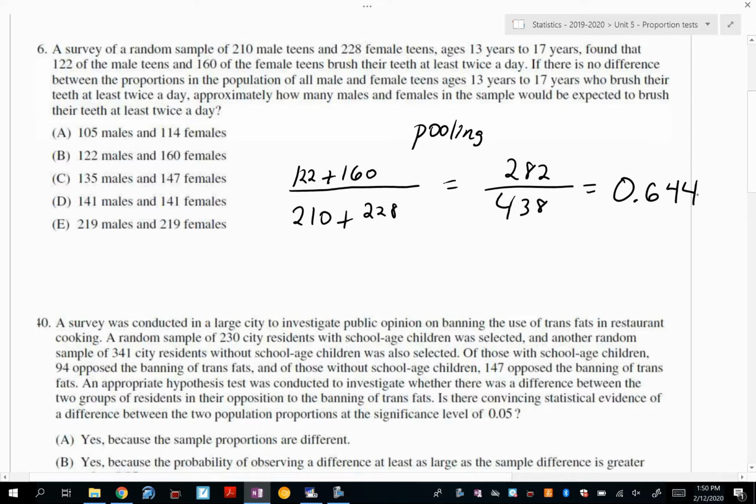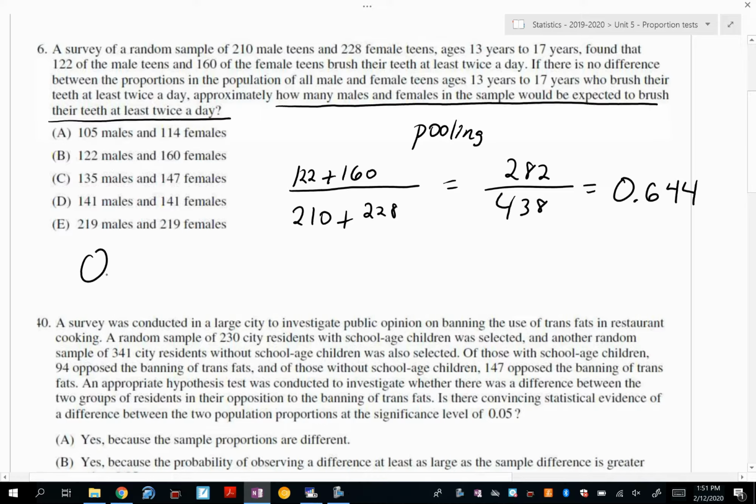So what is the proportion of all of these teenagers that are brushing their teeth at least twice a day? 64.4%. Now it says if that's the case, if there's no difference, how many males and how many females in the sample would you expect to brush their teeth at least twice a day?